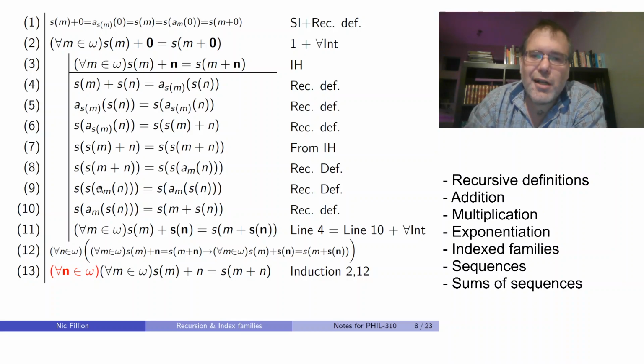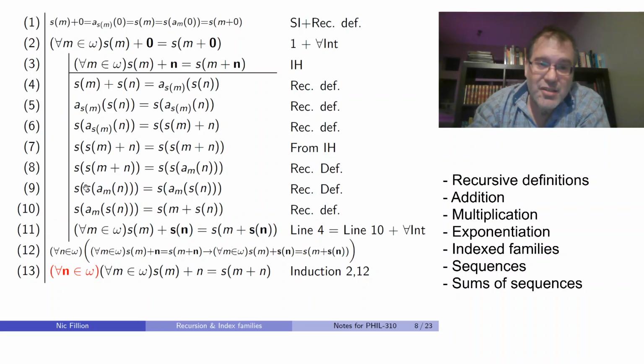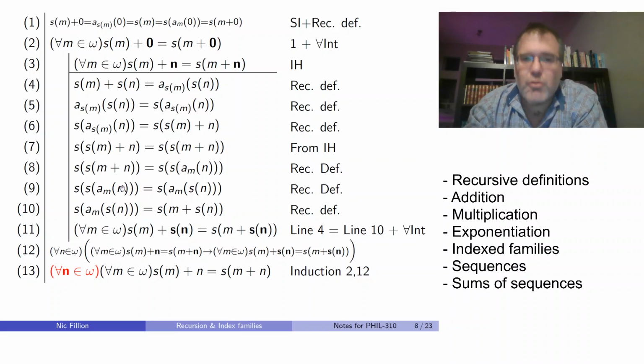And now on line 9, I'm using my recursive definition the other way around. So I take that successor and I throw it inside here, okay? So that's equal to the successor of that term here, the sum of m and Sn. On line 10, I use the definition of plus. So that's where we start.